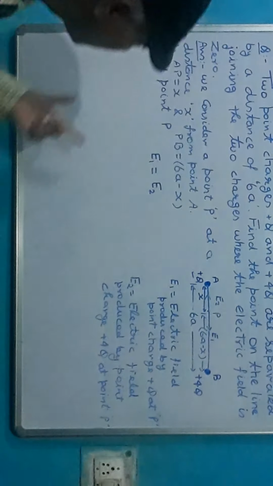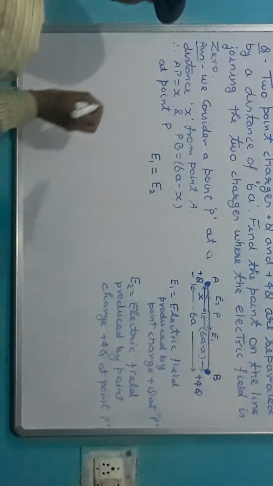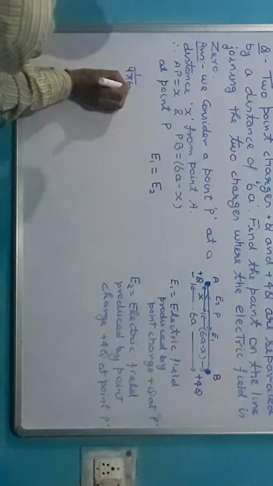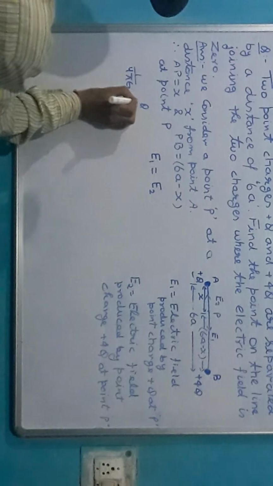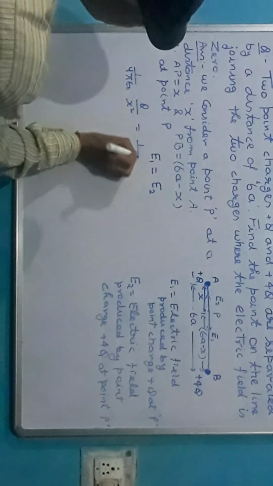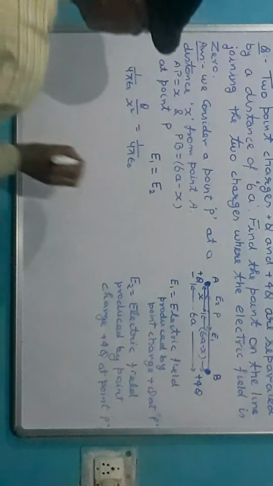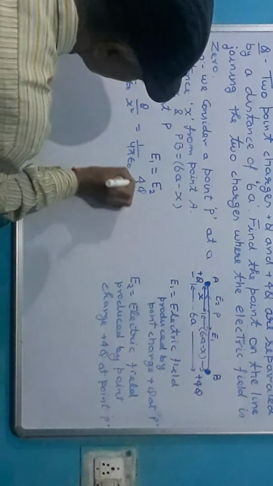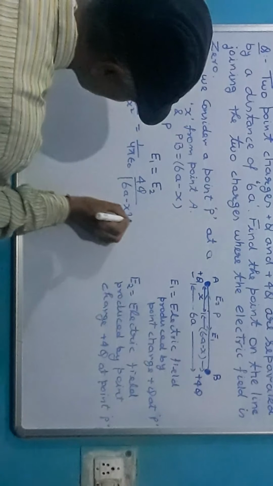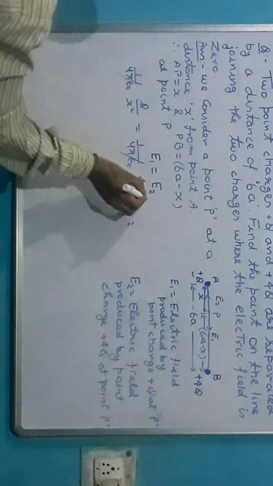That's why at point P, E1 is equal to E2. E1 is 1 upon 4 pi epsilon naught, q over x square, and E2 is 1 upon 4 pi epsilon naught, 4q over the bracket 6a minus x whole square. 1 by 4 pi epsilon naught gets cancelled, q gets cancelled.